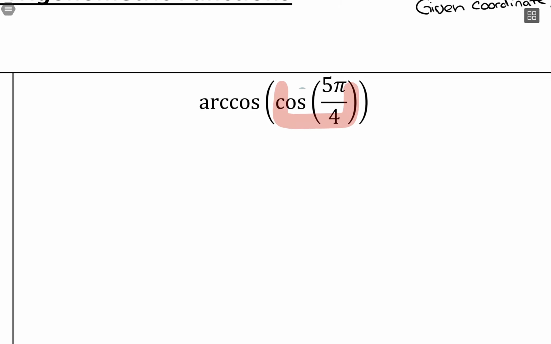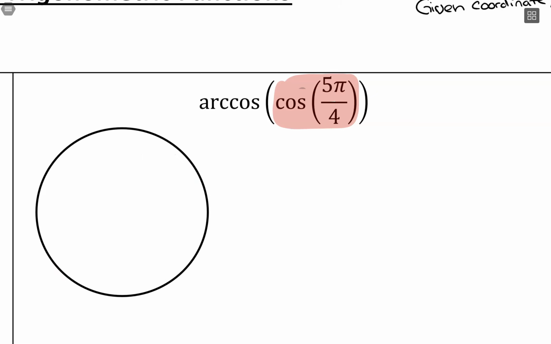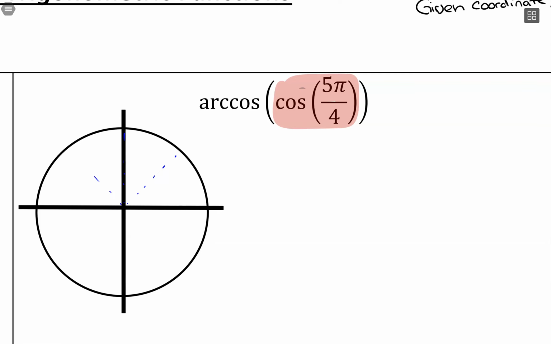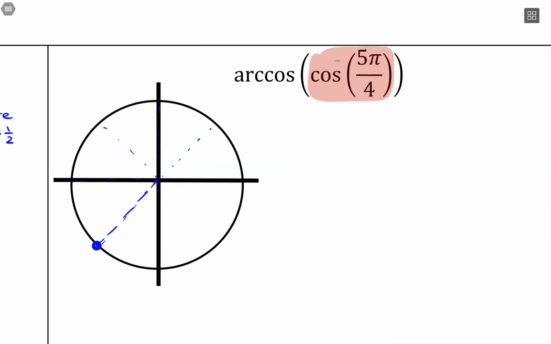So I'm starting with just looking at this cosine of 5 pi over 4. So on my unit circle, we're at 5 pi over 4. So let's see, we have 1, 2, 3, 4, 5. So we're here at 5 pi over 4, and we're looking for cosine.